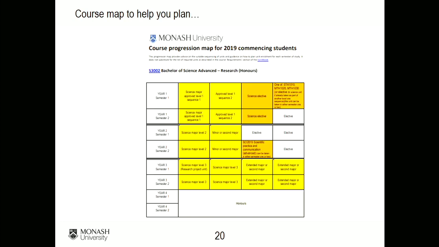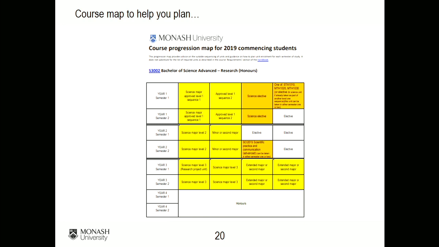You'll also walk around with something like this for about 4 years. This is your course map, and it sets up your progression through your degree, and it lists where each of the units lead to in terms of your major sequence and the core units as well.